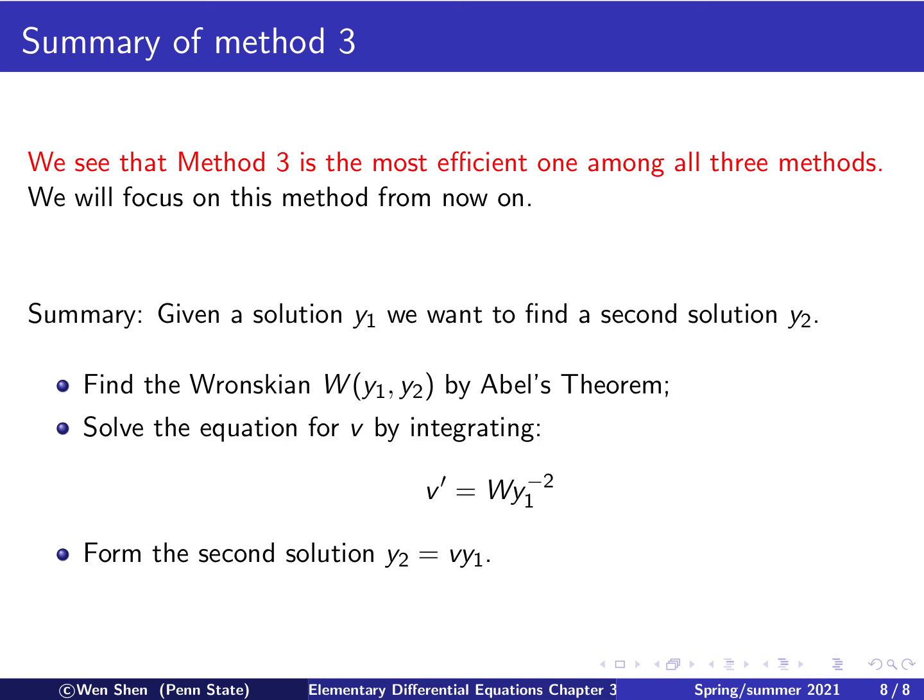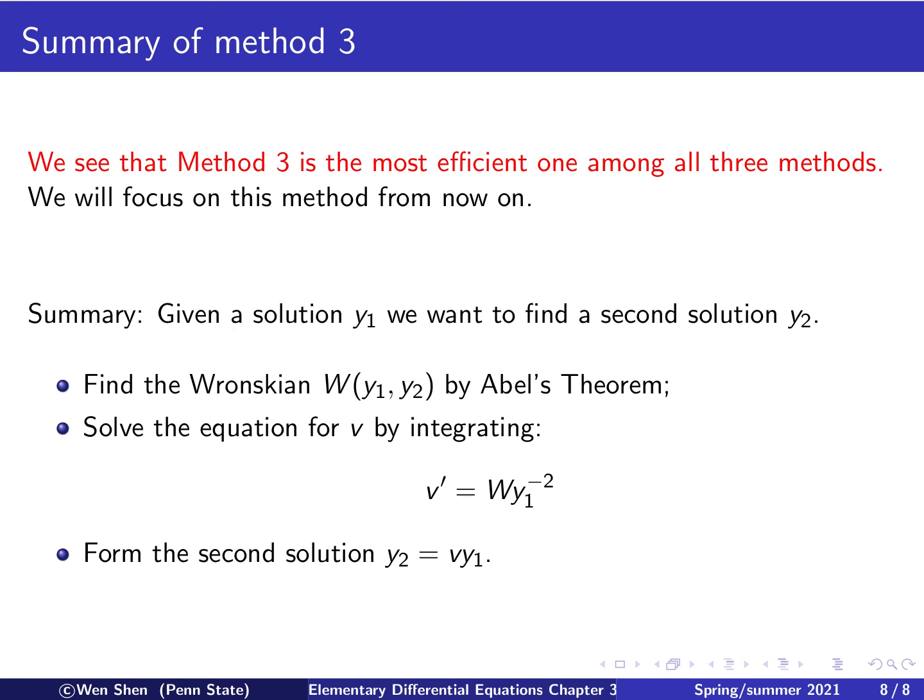So what is method 3? Okay, so the problem is, given a solution y1 to a second order linear homogeneous differential equation, we want to find the second solution y2. What do we do? So first, we find the Wronskian by Abel's theorem. So there is an integral to be worked out here. And then you can drop the constant into some number that makes this look simple.